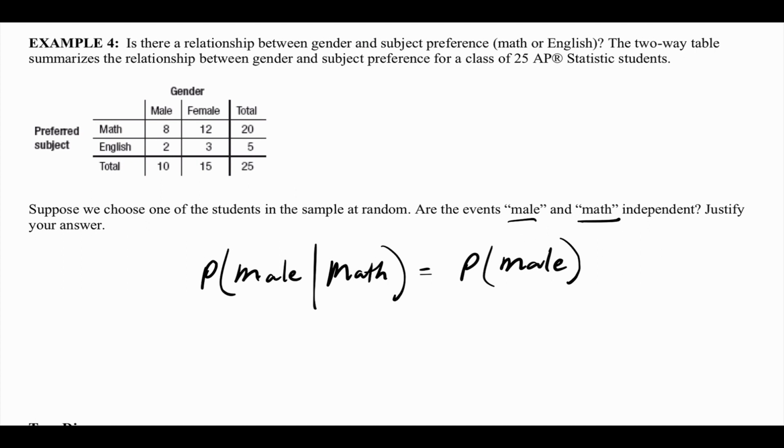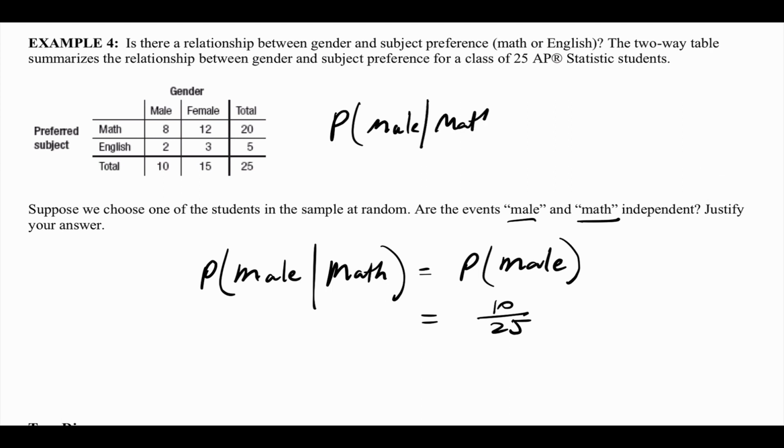Instead of male, it would have been math. Okay, so the easier one is the probability of male. What's the probability of male? 10 out of 25, right? Use the formula. Don't even think about it.